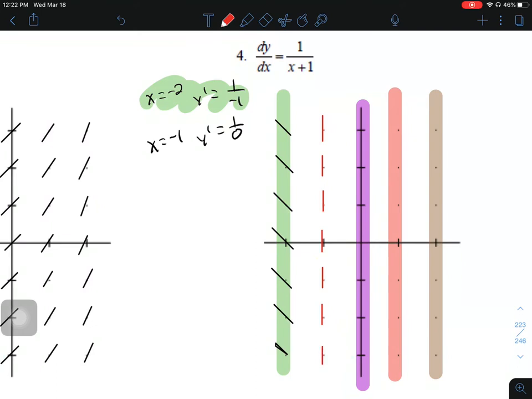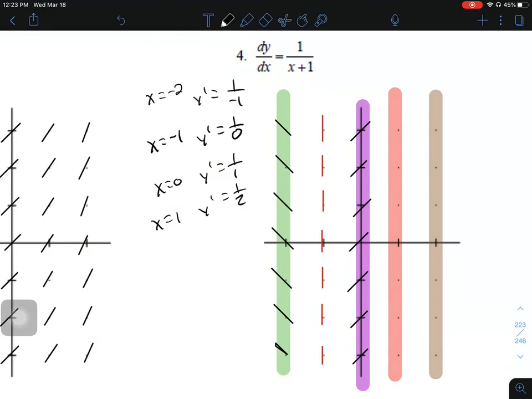For the purple column, that has an x value of 0. So y prime is going to be 1 over 1, which is a +1 slope. Same thing all the way down through this column. And then for x equals 1, y prime is going to be 1 over 1 plus 1.